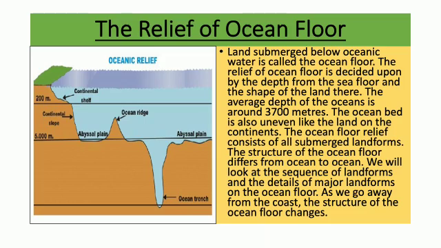What parameters were used for classifying the landforms on Earth? What parameters were used for naming the landforms below water? And also, you have come to know the relief of the ocean floor. What is ocean floor? And the structure of various submerged landforms. The relief of the ocean floor is decided upon by the depth from the sea floor and the shape of the land there.